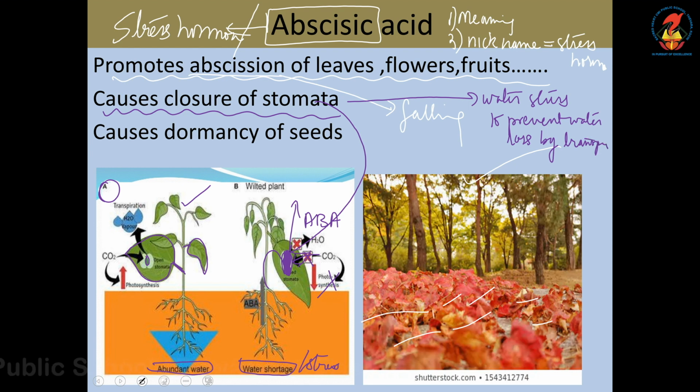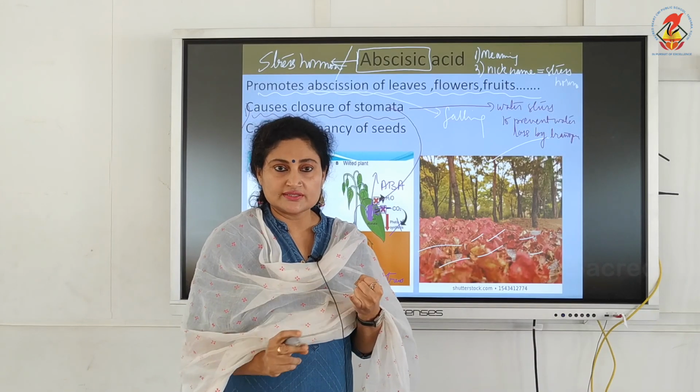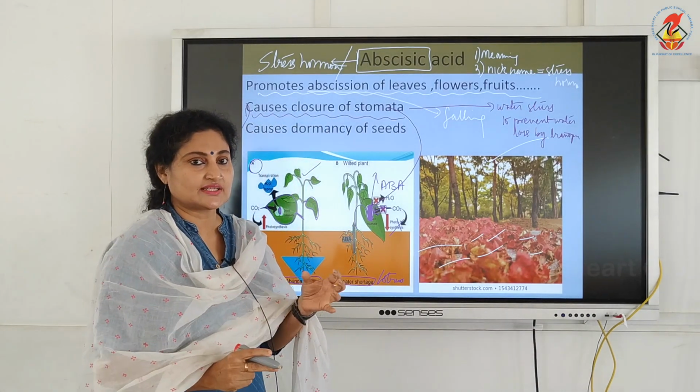Definitely it is a stress hormone because it enables the plant to survive the stress. Then on return of the favorable season, abscisic acid is not released. Then we can see the stomata opens and the plant recoups. Clear? So, it helps the plant in such scarce, adverse conditions like water stress.